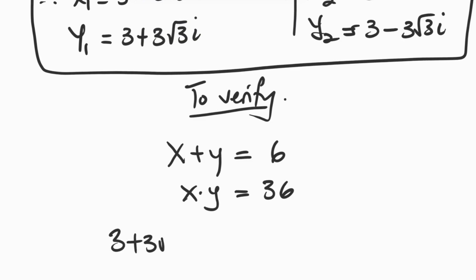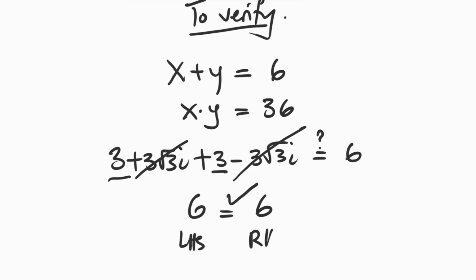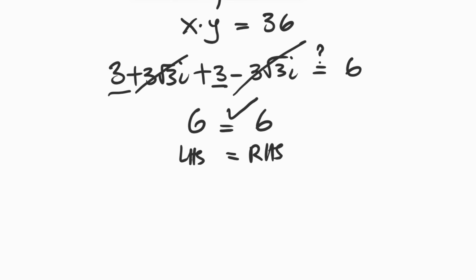So we have 3 plus 3 root 3i plus 3 minus 3 root 3i. Is that going to be equal to 6? Now we see plus 3 root 3i minus 3 root 3i cancel out. And we have just 3 plus 3, which is 6. And we see that our left-hand side is equal to the right-hand side for equation 1.